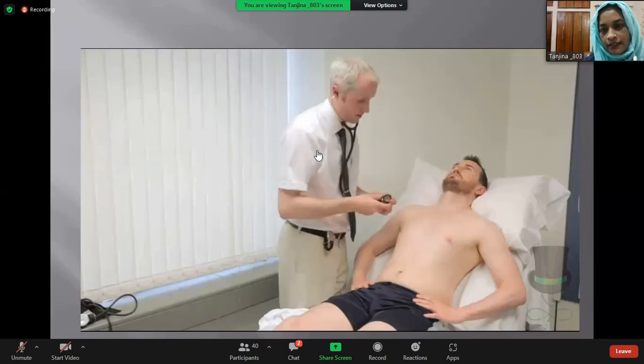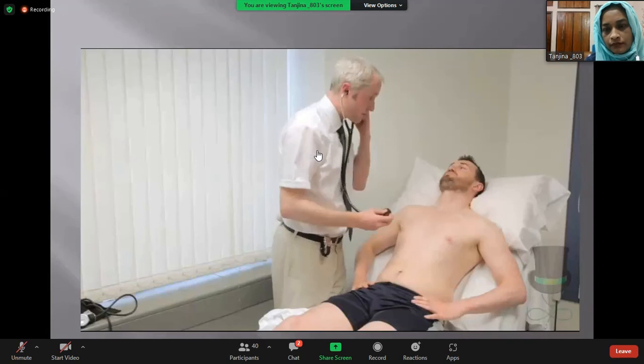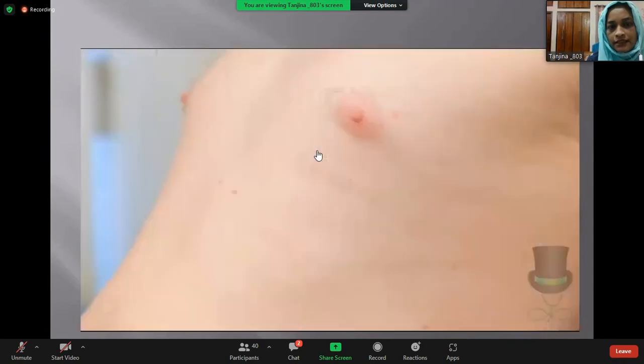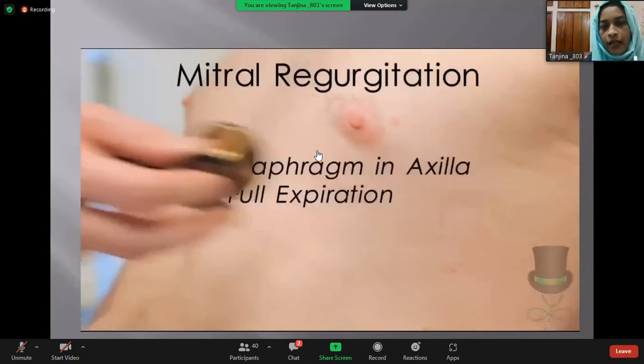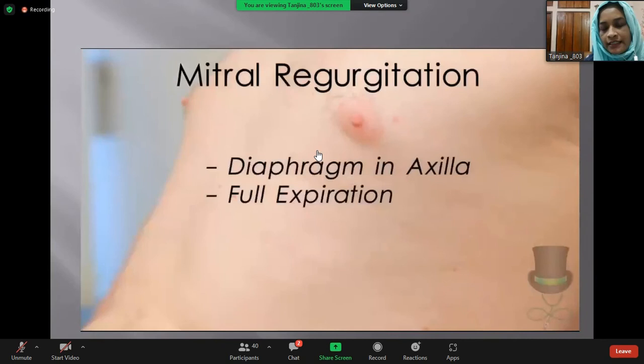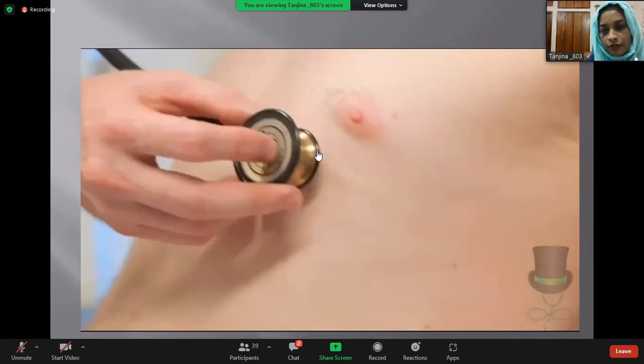Then examine for mitral regurgitation. Is there any added sound? Place the stethoscope at the apex and see the radiation in the axilla after full expiration. In case of mitral stenosis, auscultate with the bell of the stethoscope in the left lateral position after full expiration.